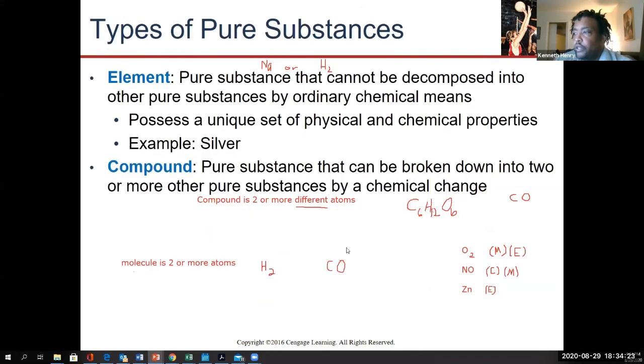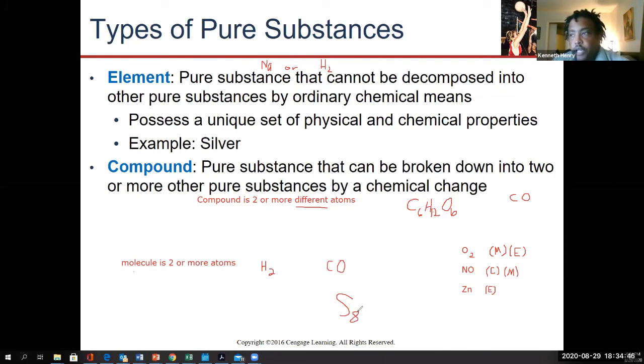CO is a molecule, right? Because the rule for a molecule is all it has to have is at least 2 atoms. They could be the same or they could be different. It doesn't matter, right? So sulfur is a polyatomic. It has 8 atoms, right? That's its natural state.